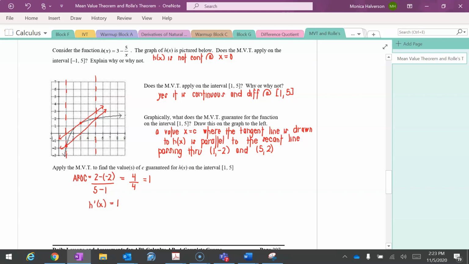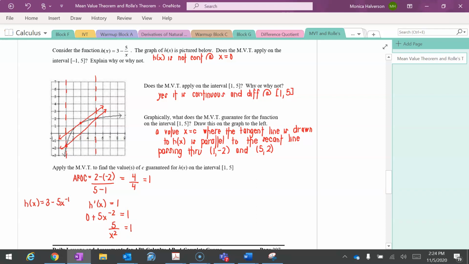Let's find the derivative. h of x is equal to 3 minus 5x to the negative 1. The derivative is going to be 0 plus 5x to the negative 2, and that's going to equal 1. So 5 over x squared equals 1.